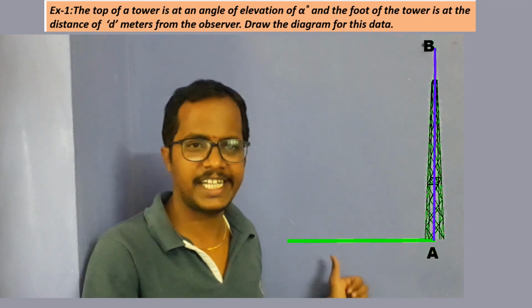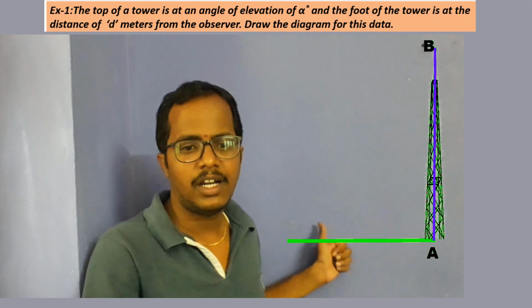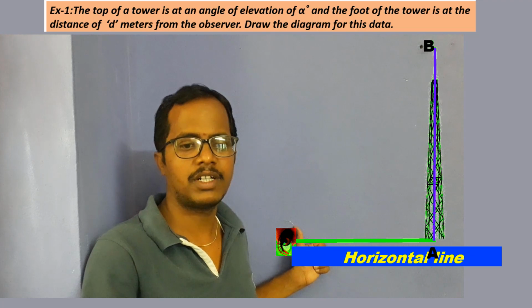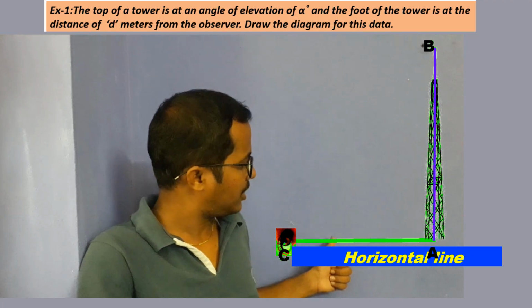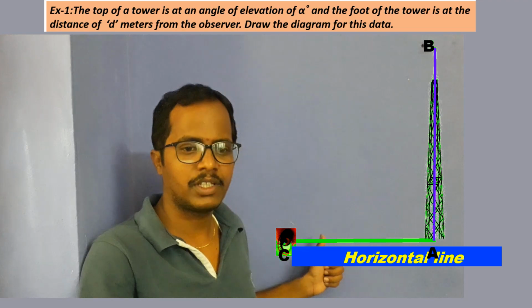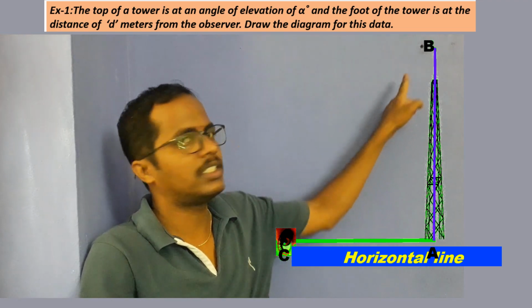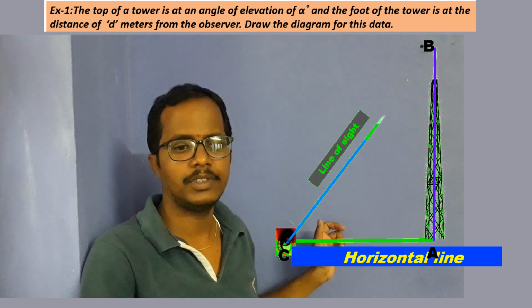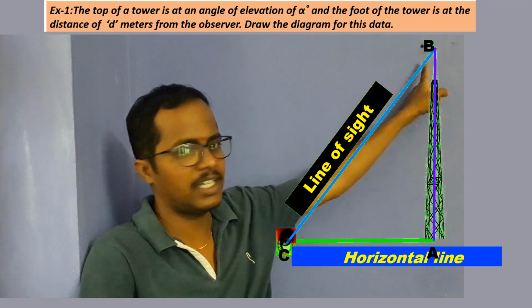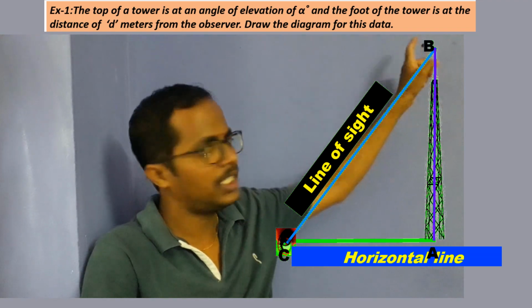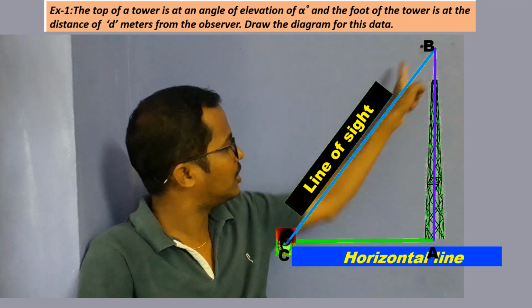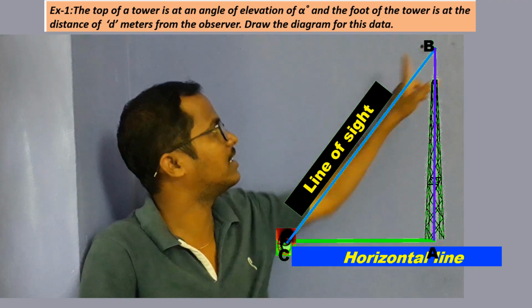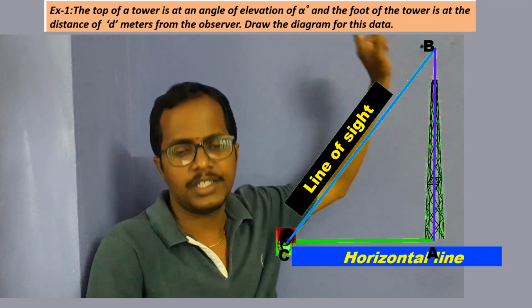Now this ground will be treated as a horizontal line, and on this ground at a point take the position of the observer, and represent this position with the point C. From this point C, the observer is observing the top of the tower, that is B. So let us join the observer's eye and the observing point, which is B. Now this line is known as the line of sight. So the line of sight is the line segment that joins the observer's eye and the observing point.